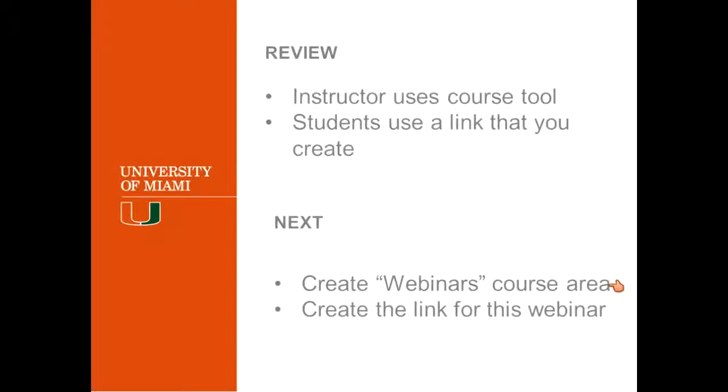I'm going to put in the left part of the menu of the course, webinars, where we've got course documents and announcements and all that stuff. Then I'm going to create a link for this webinar that we're doing. This one being not the one you're watching, but the one I'm talking about. I'm going to be gone next Wednesday. I want to do a webinar and have the students interact at the regular time of the class, but they don't have to be in the classroom if they don't want to.